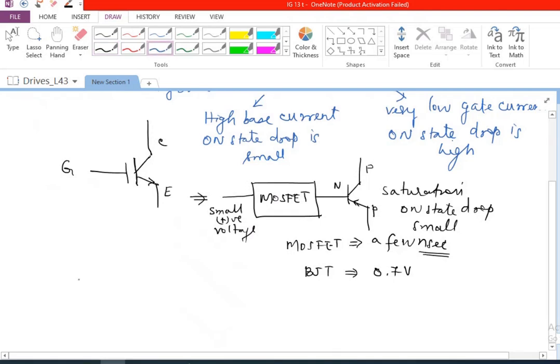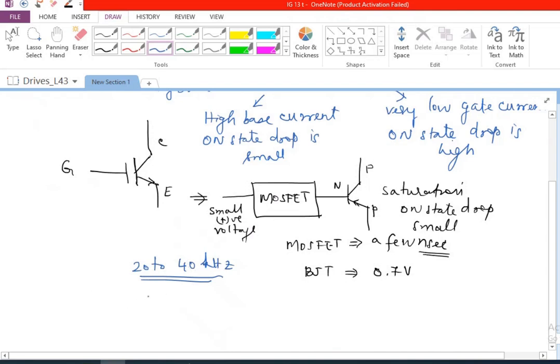So IGBTs can easily operate at, let us say, something like 20 to 40 or 50 kilohertz. Very easily they can operate. In fact, the frequencies are being pushed further and further up.